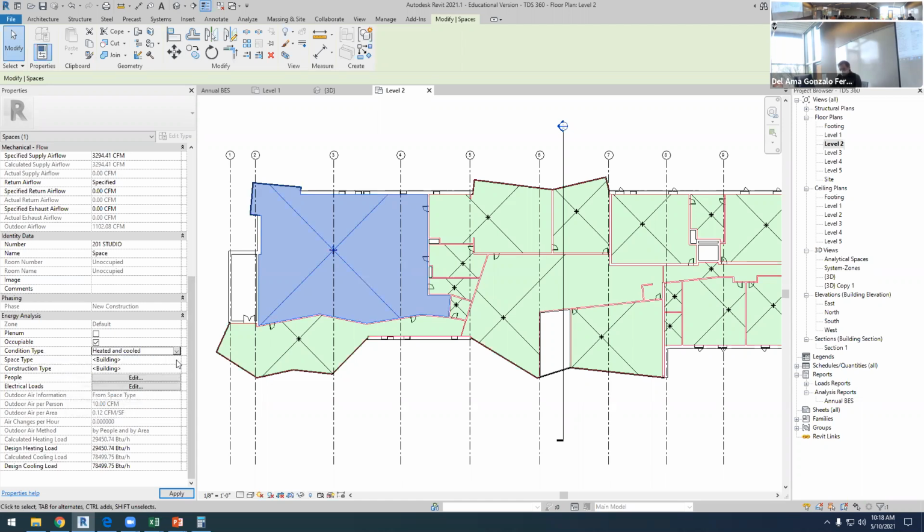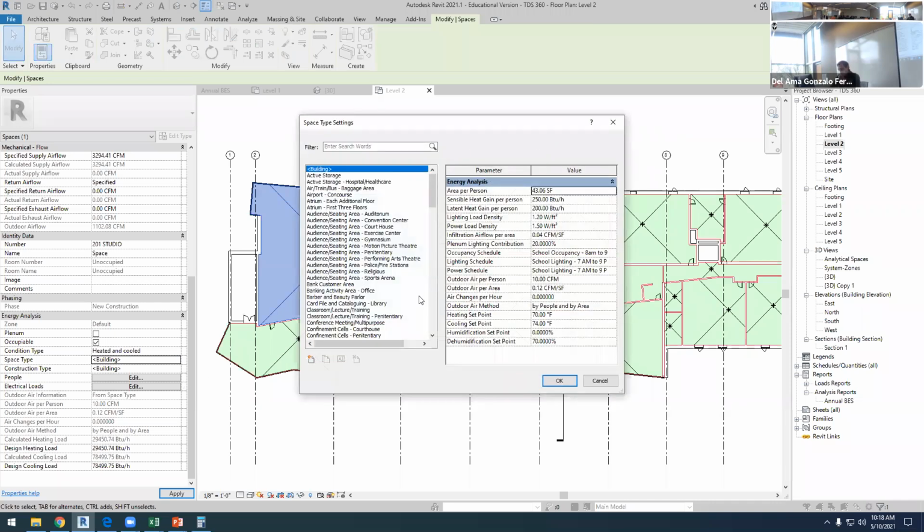The space type: now we have to select what kind of building we are using. And it's a classroom. Okay, so it can be a classroom, why not? And here we have to select all these things, especially the important one, the infiltration airflow per area.